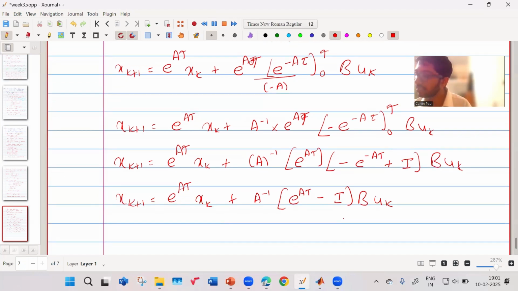So this minus and this: e to the power A T minus e to the power minus A T, so it becomes minus I, and here I into e to the power A T, so it comes out like this.